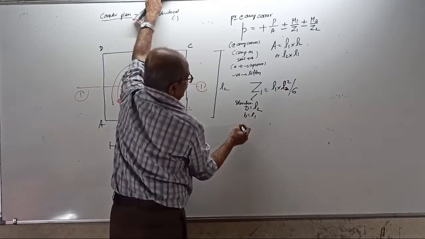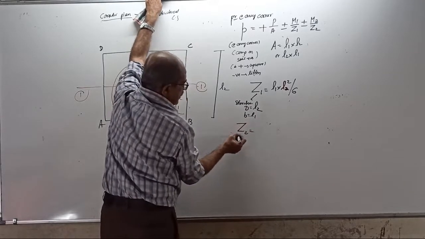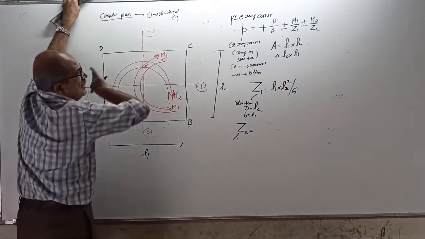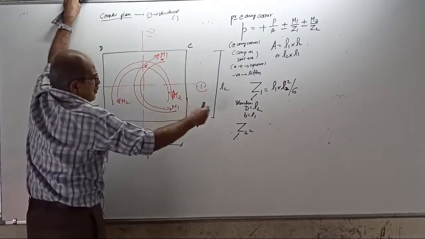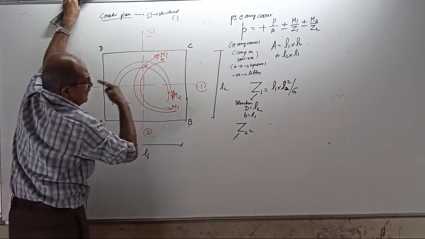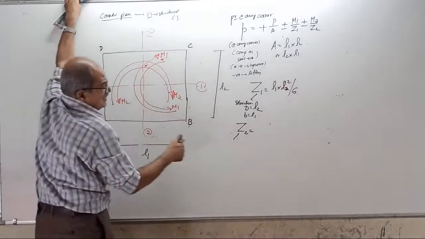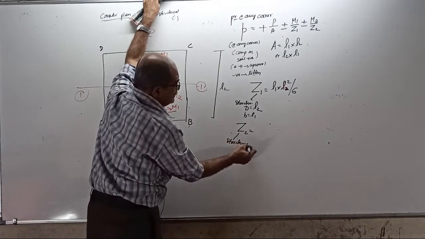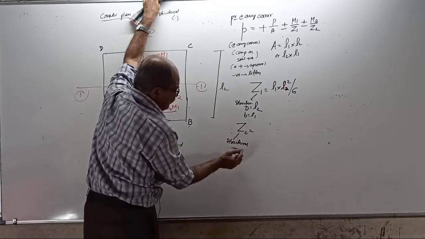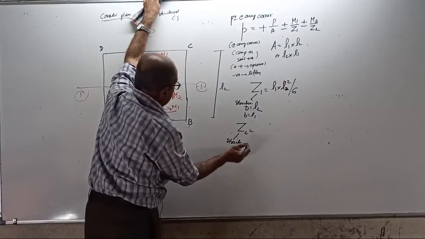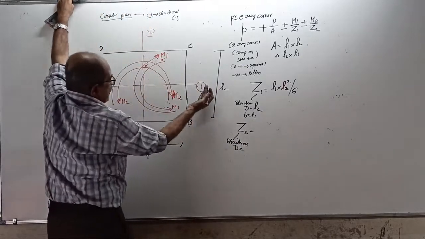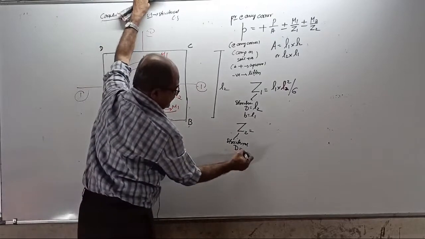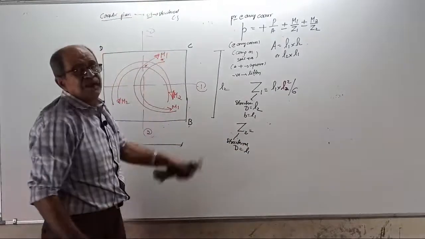Then Z2. Z2 comes along with M2. For M2, my hand is moving like this, either this way or this way, along the length. So the structural depth. Someone will ask, what is the structural depth? Hey, keep quiet. Don't answer. Talk with me. For M2, the structural depth is L1. Don't memorize by heart the suffix 1, 2.